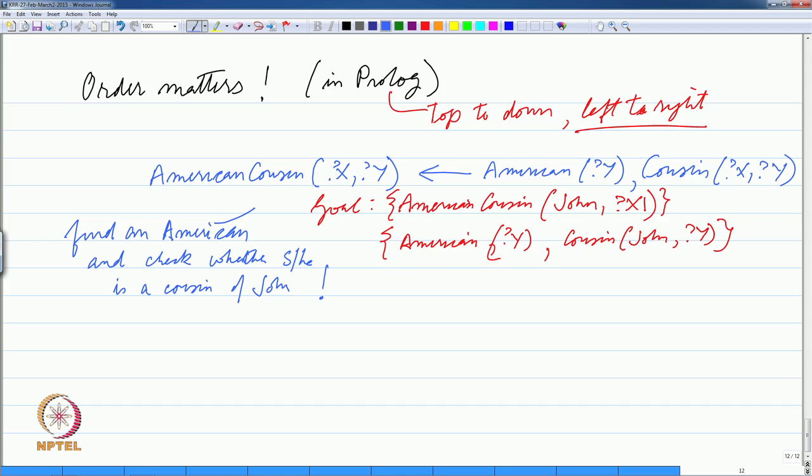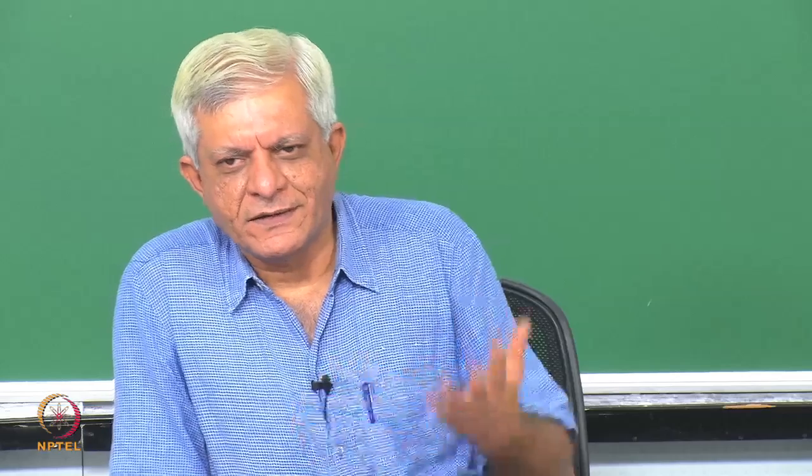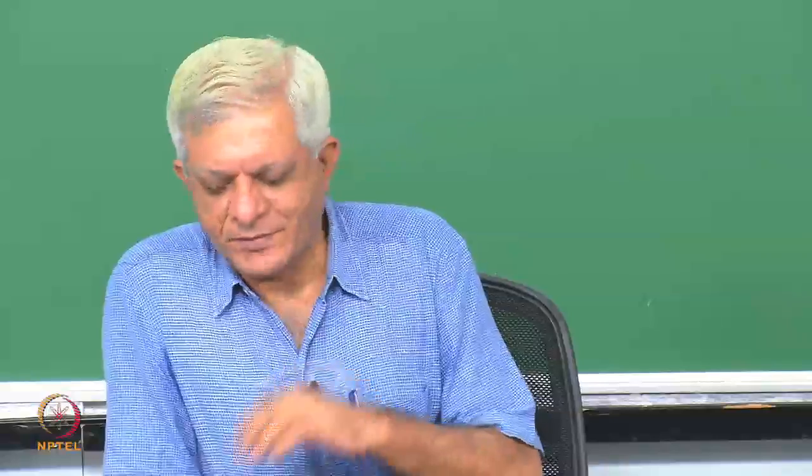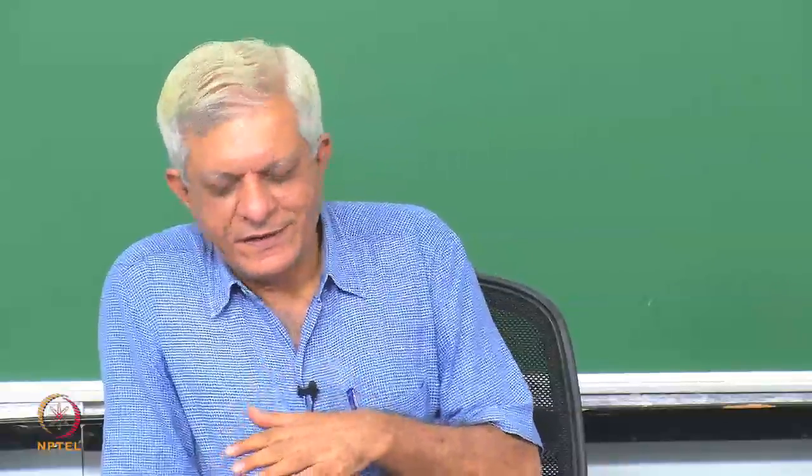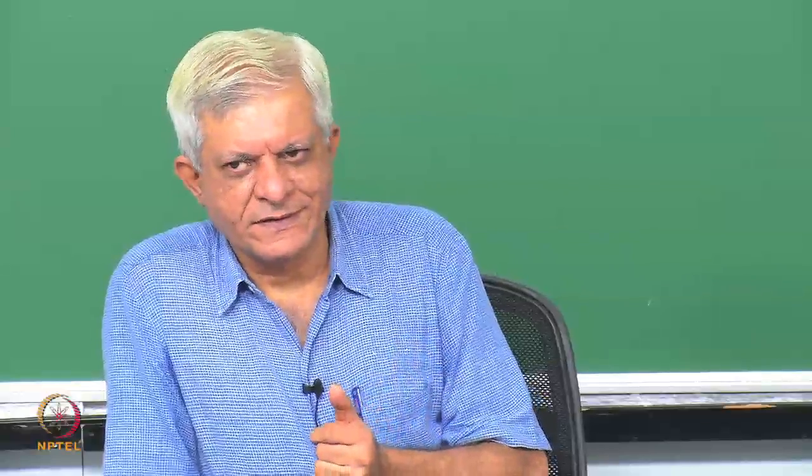And let us say your program has access to the entire database of the US or of the entire world for that matter. And you can see that what this is going to do is, for every person which it can know to be an American, it will ask the sub query, the second query, that is that person a cousin of John essentially. Now, obviously, this is a grossly inefficient way of doing things essentially.